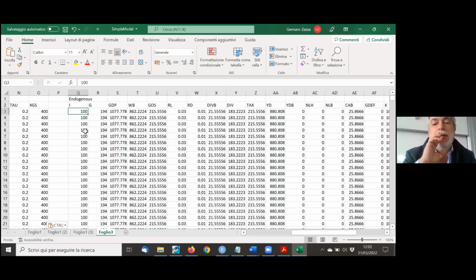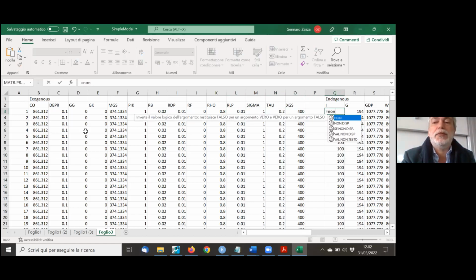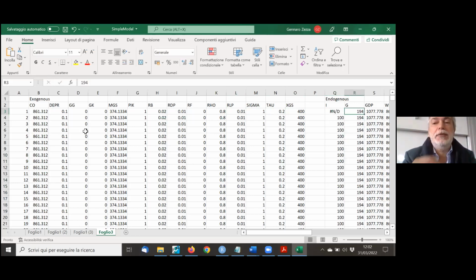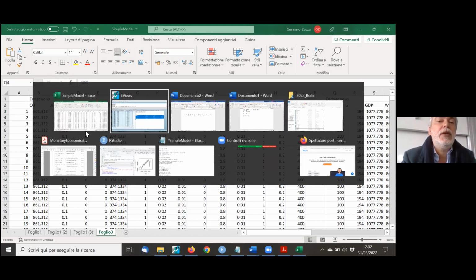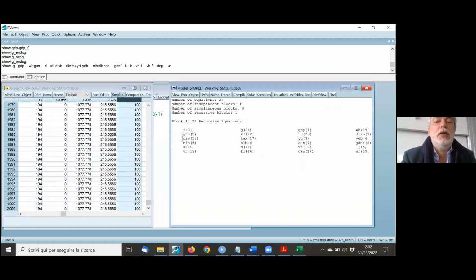Okay. So the work you may want to do, if you're desperate and you don't know how to fix the problem in the model, is starting from the second period, you take the equation you have in the model.